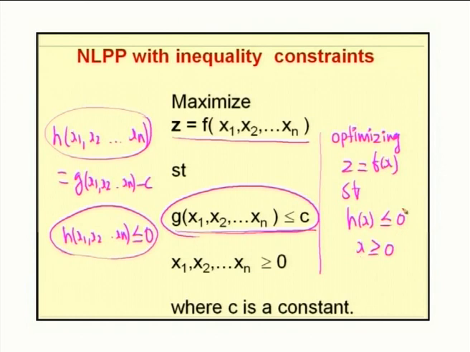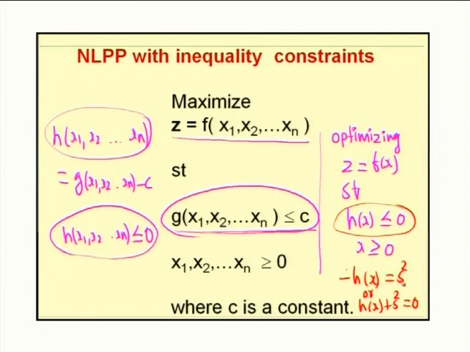Now, we introduce a new variable s, so that this inequality constraint can be converted into an equality constraint by defining minus h of x equal to s squared, or h of x plus s squared equal to 0. This new variable s is called a slack variable.